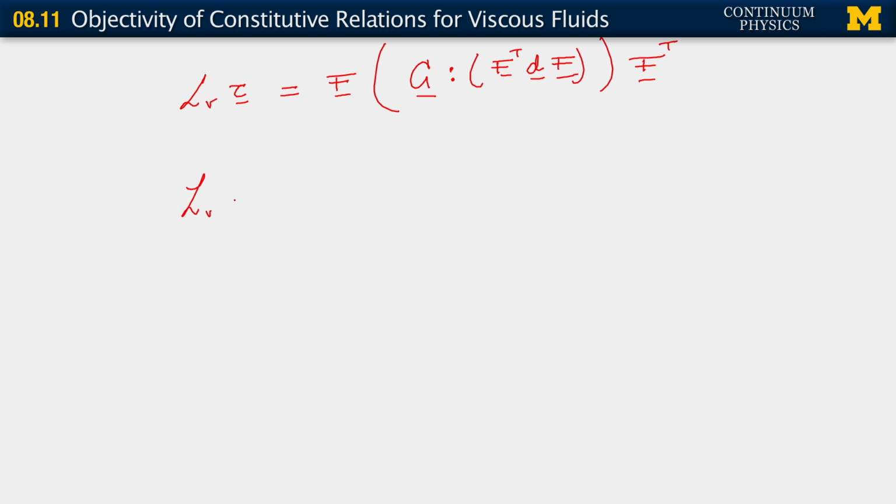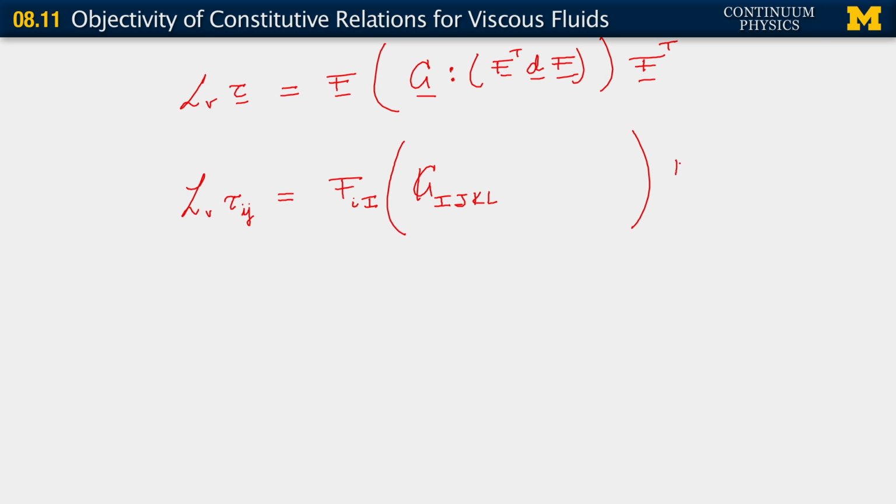The lead derivative of tau ij is equal to F i, okay, C I J K L. I'm going to close parentheses.